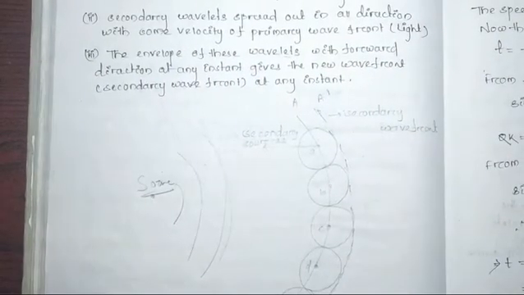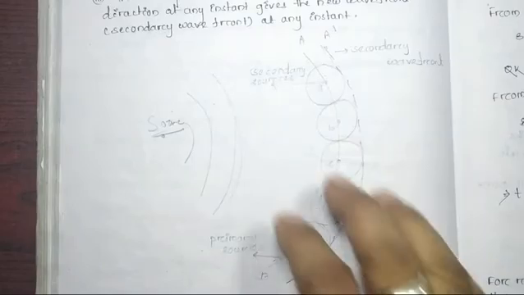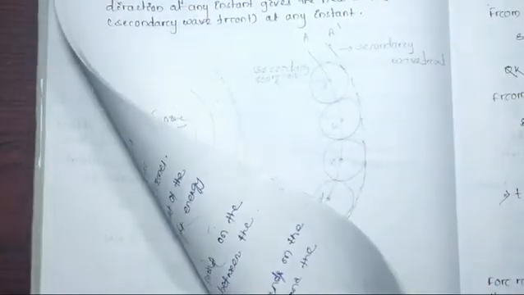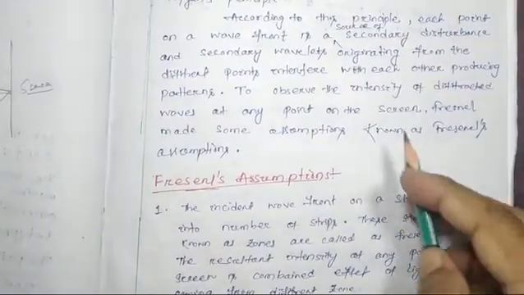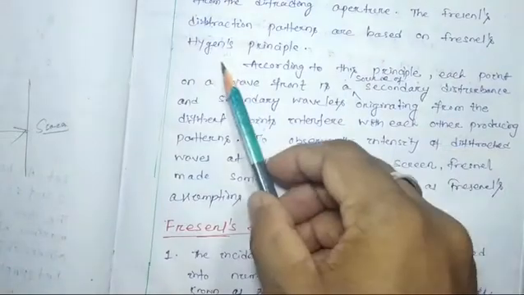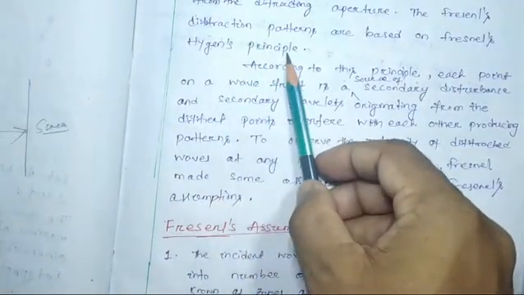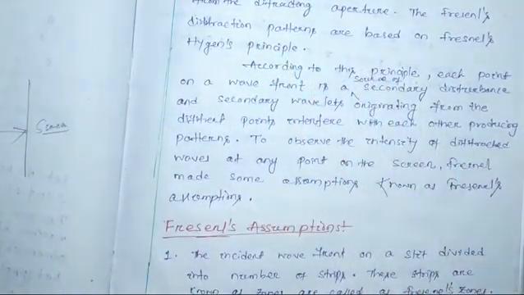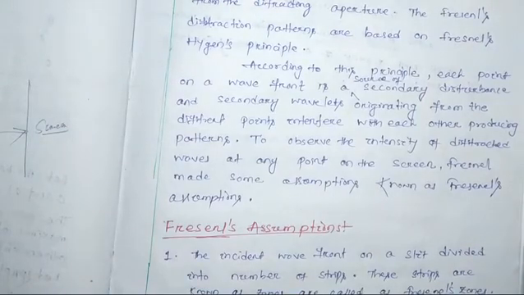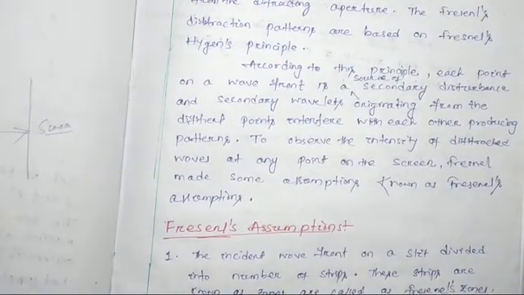Fresnel also considered this principle and used it in his theory. That is why it is called Fresnel's Huygens' principle or theory. According to this principle, each point on the wavefront is a source of secondary disturbance.